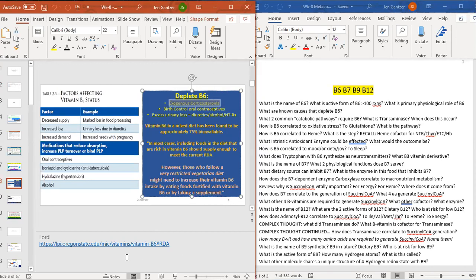Unfortunately, it's a very nasty disease that takes a lot of anti-inflammatories, but I worry about her B6. So exogenous means it comes from outside the body, and corticosteroids are your anti-inflammatory steroids.